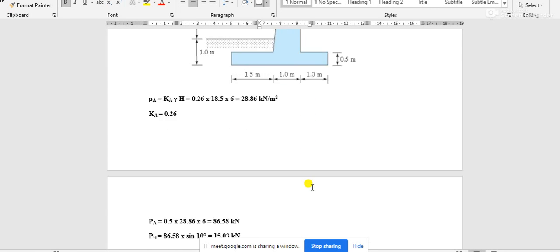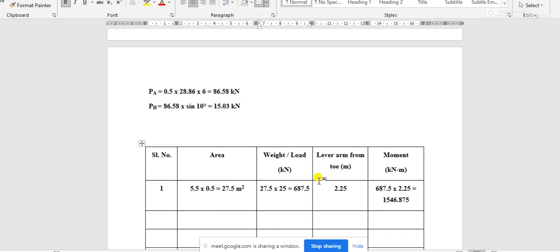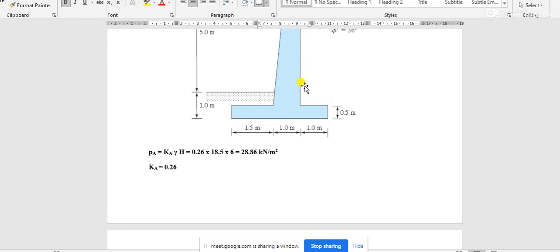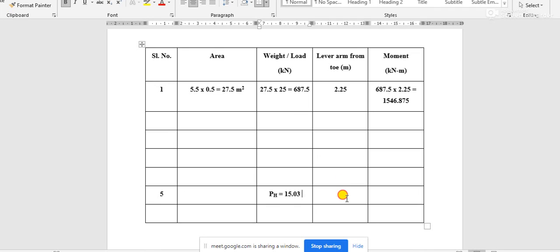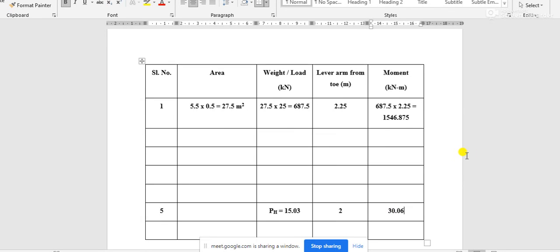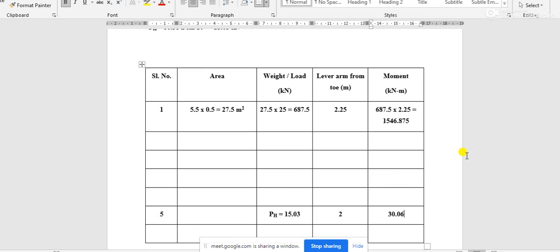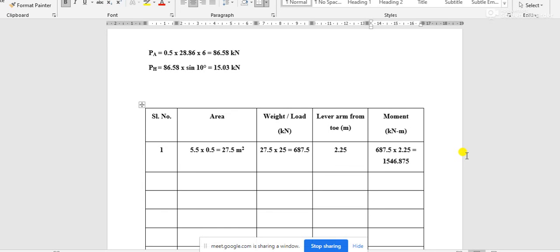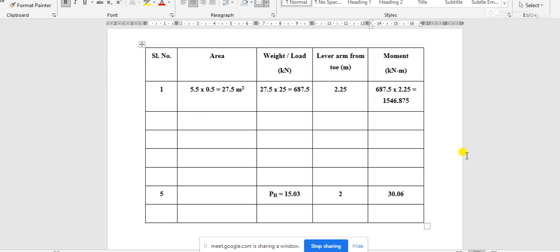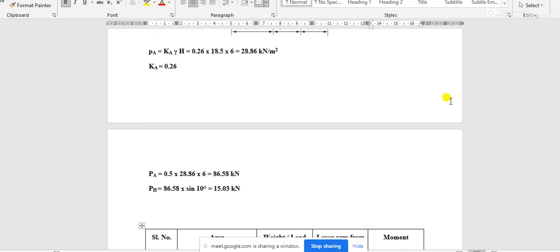That means total height is 6, so the lever arm is 2 meter height. Here the lever arm is 2, the moment is here 30.06.